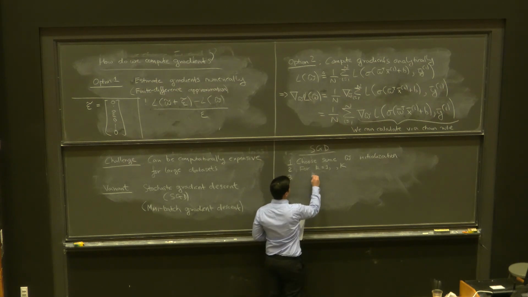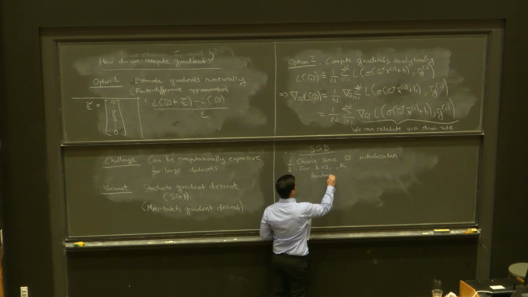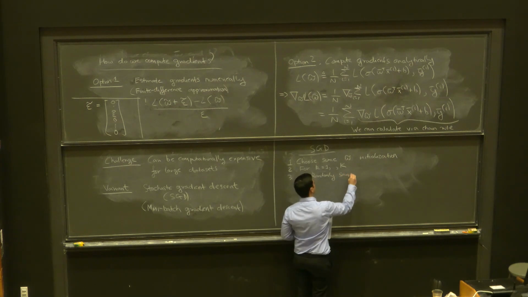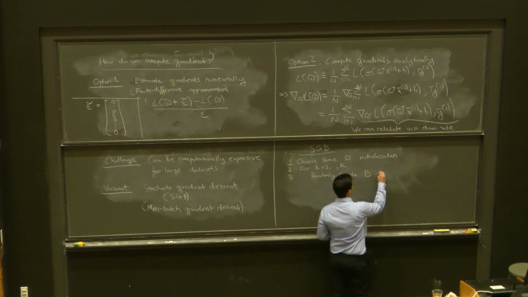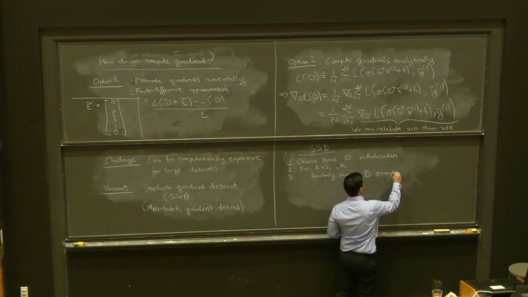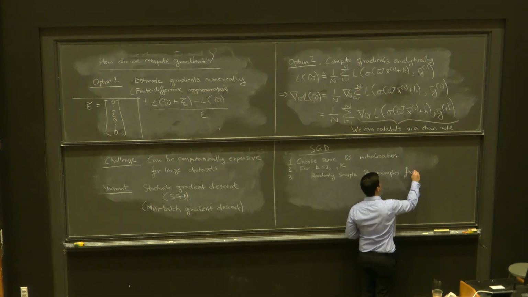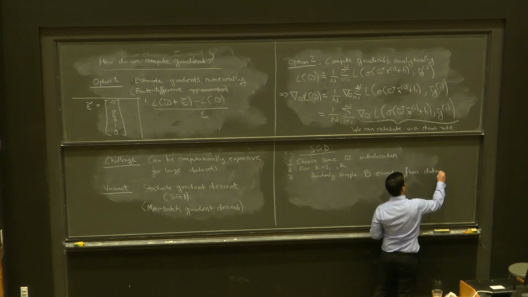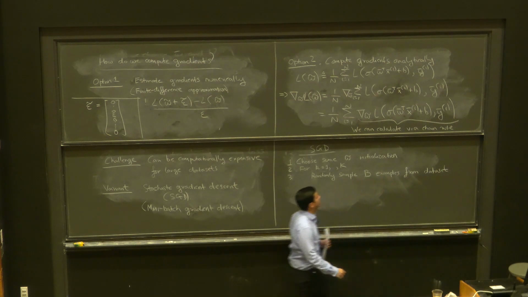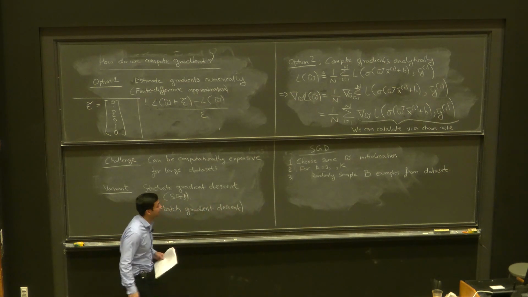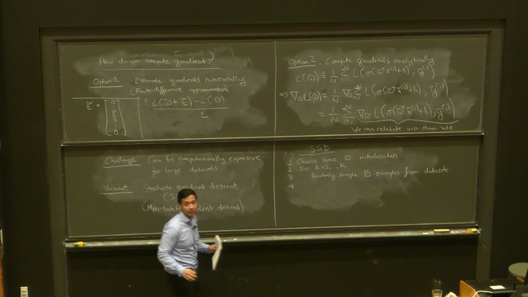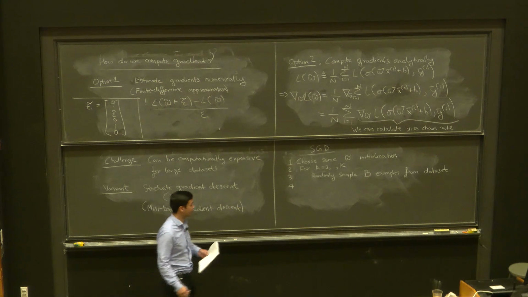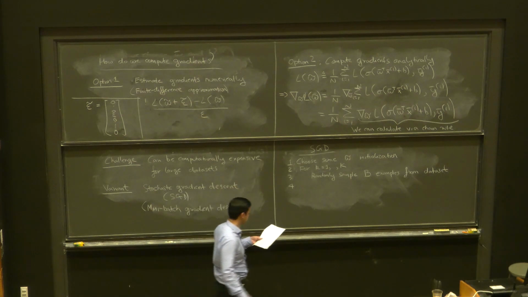In the loop, we randomly sample capital B examples from our training data set. By randomly, I just mean uniformly randomly sample B examples. I'll say a bit about the choice of B, but think of B as just some number that's less than capital N, where capital N is the total number of examples in your training data set.